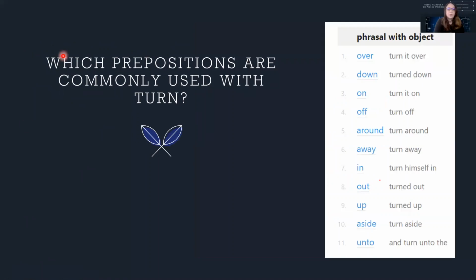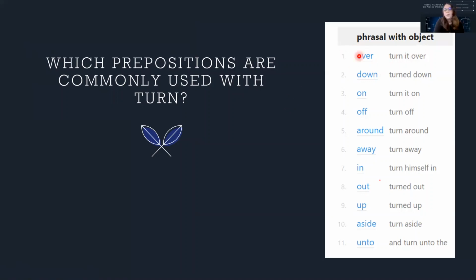Okay. So you can also use this, it isn't a question, but quite often students get confused about prepositions, which words are usually used with which. So you can use this to figure out what word, for example, would usually be used with turn.